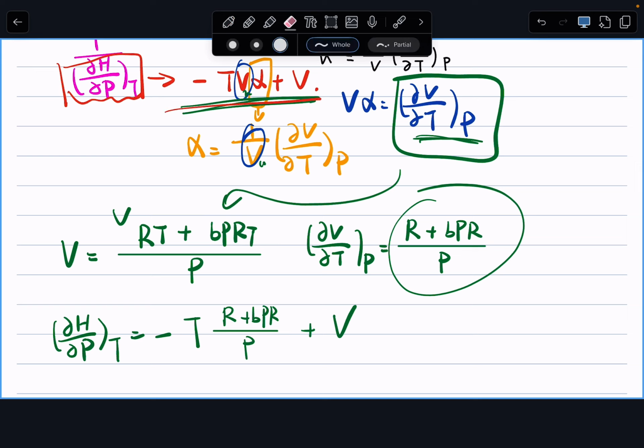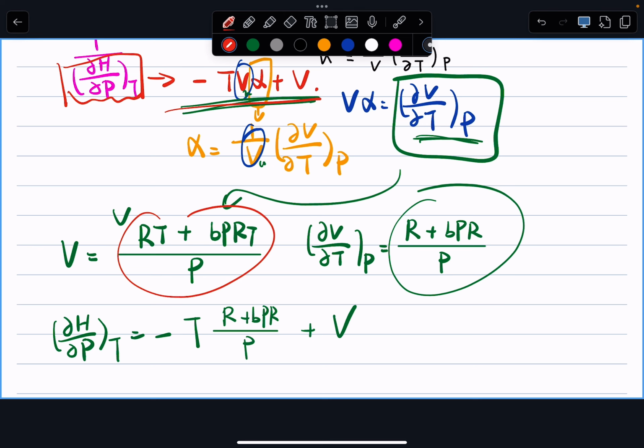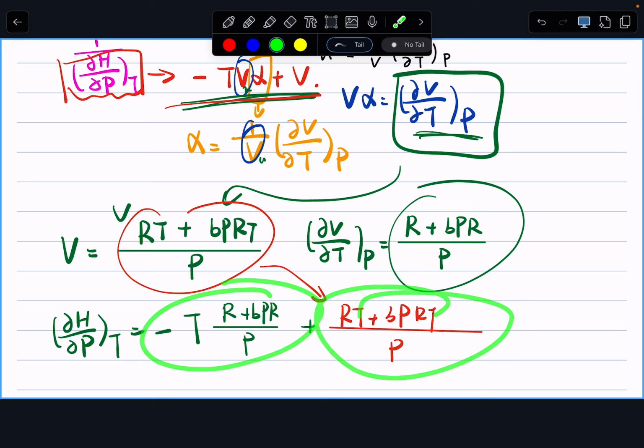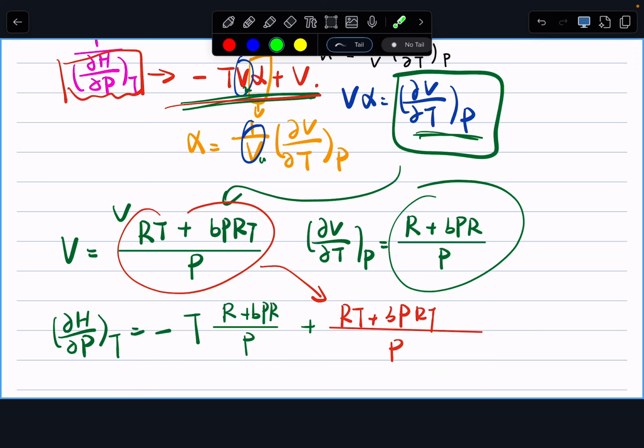And my volume, again, equals this entire thing, my RT plus BPRT over P. And these two cancel out with each other, as you see. So these two are effectively the same. That will get canceled out.